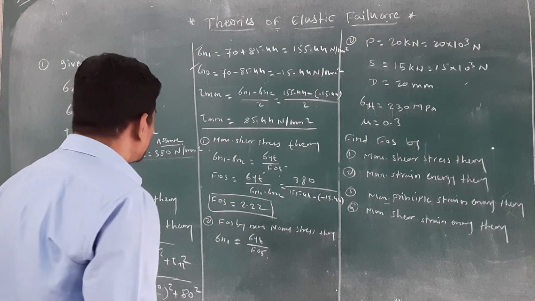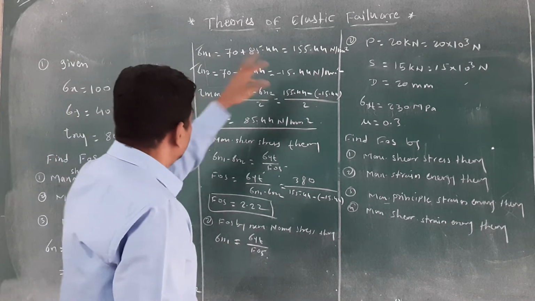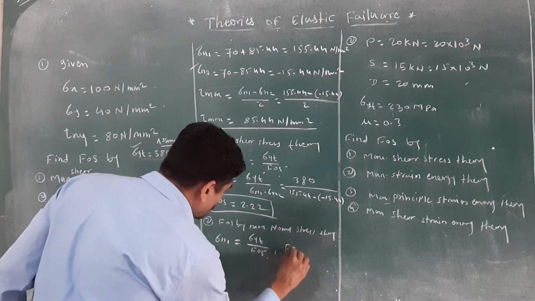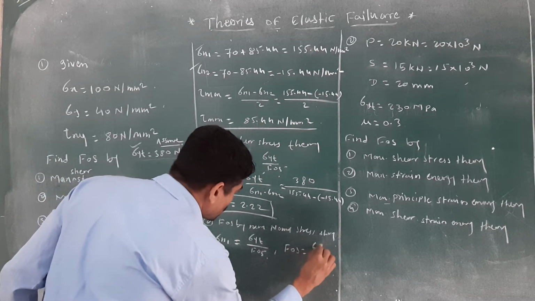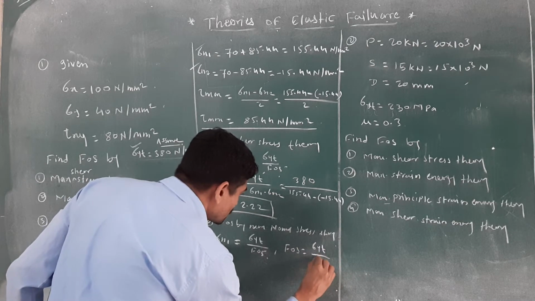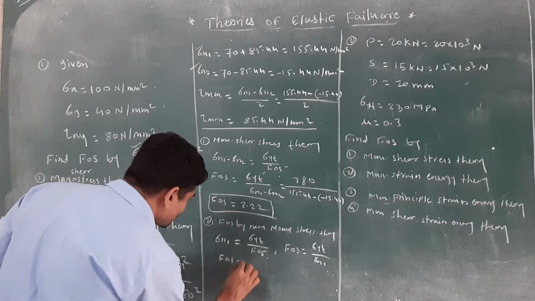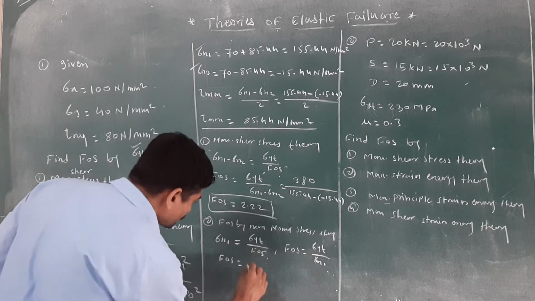Then what is the value of sigma N1? Check that, 155.44. I will write here factor of safety is equal to sigma YT divided by sigma N1. Then you will get the factor of safety for maximum principal stress theory.